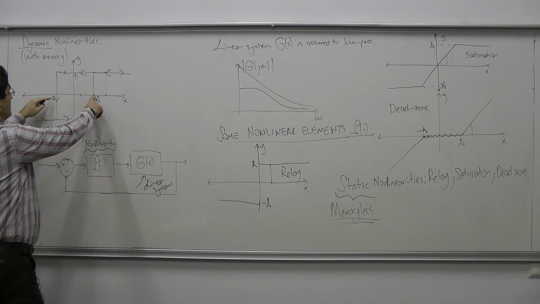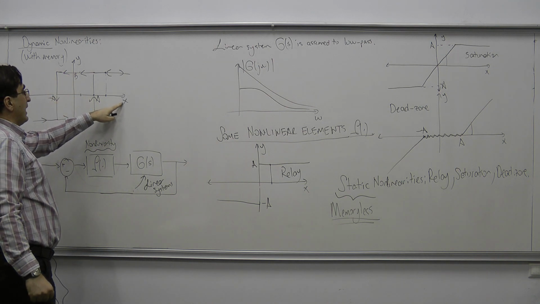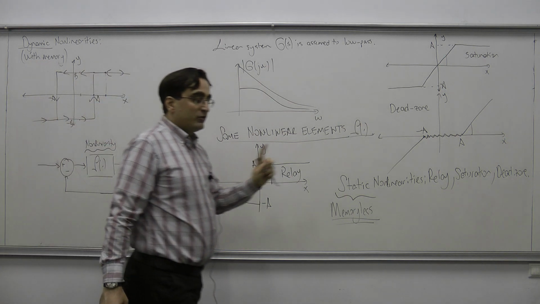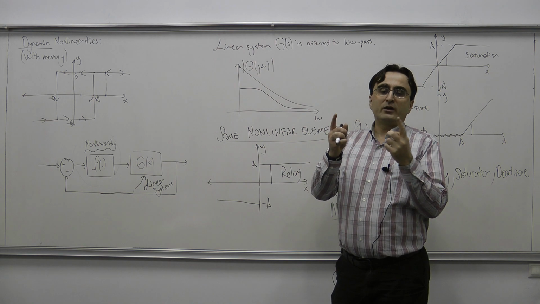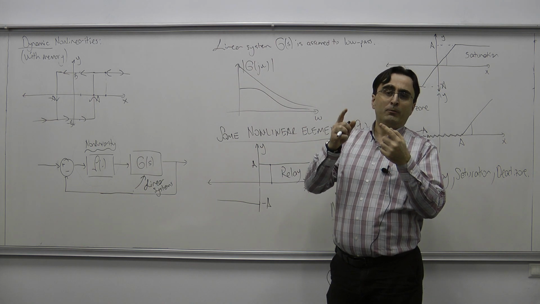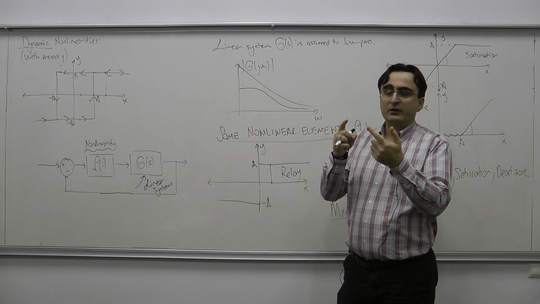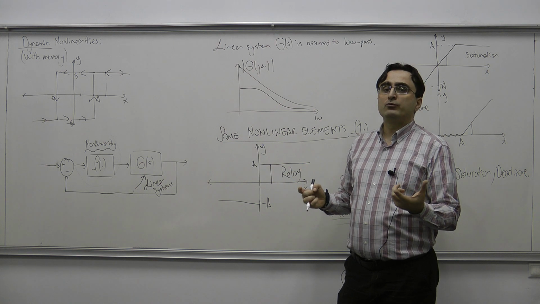When x is between minus a and a, in addition to x, I need to know the derivative of x, which is a form of memory. Remember, you can calculate a derivative or some slope only if you know more than one value of the function. So knowing the derivative requires a form of memory.